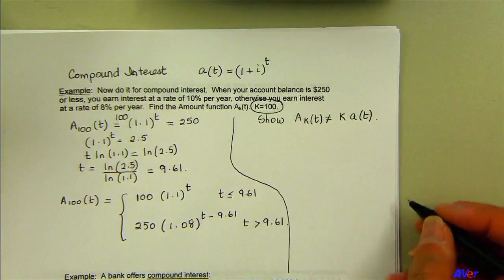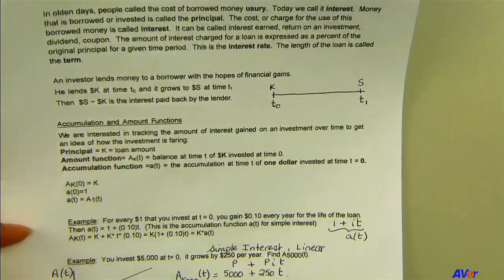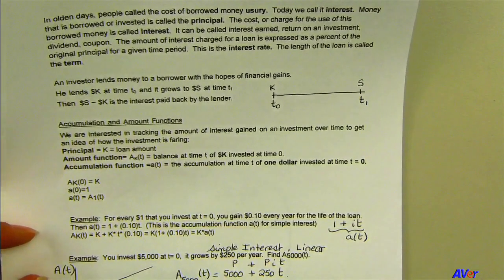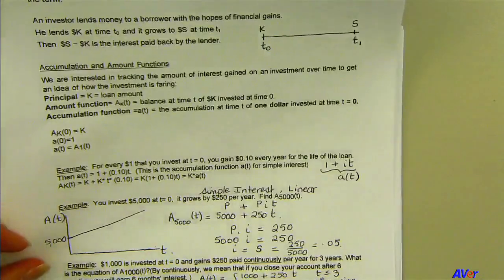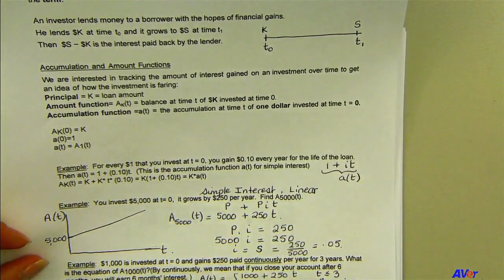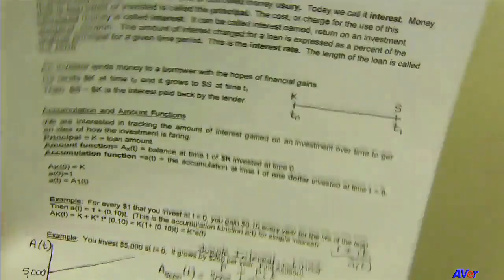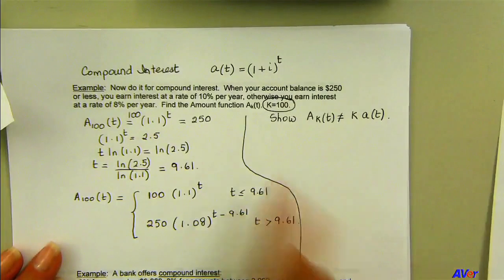I am doing this because on the previous page it said that normally AK of t is KA of t, but not for tiered functions. Look, to see when AK of t is not equal to KA of t, consider all these different functions that have tiers, right? So I'm trying to show that in this case, it's not.